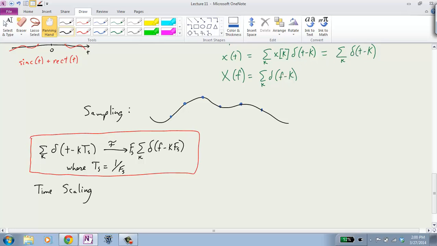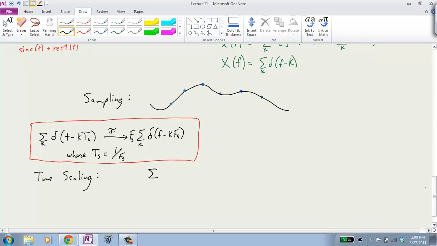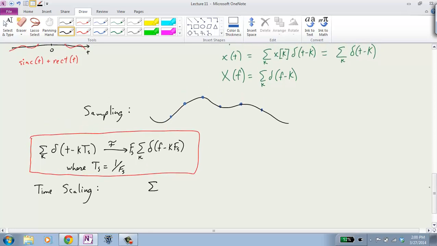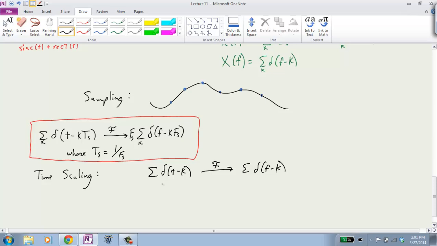Okay, we're going to apply the scaling property, and that's going to say that, let me give our pair, first of all, t minus k, f minus k.